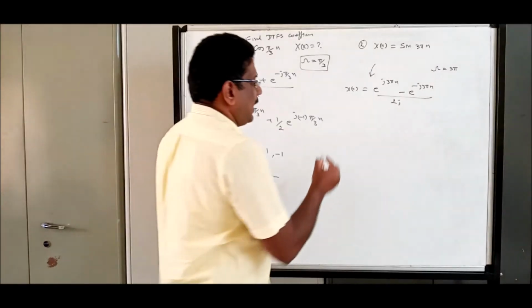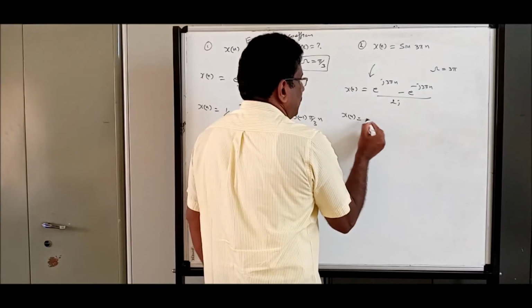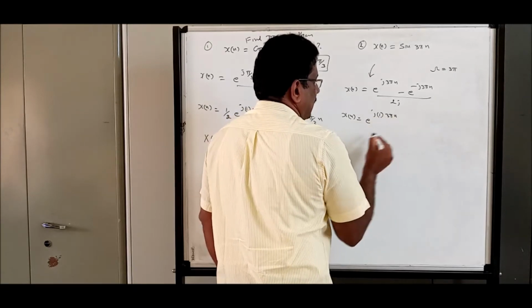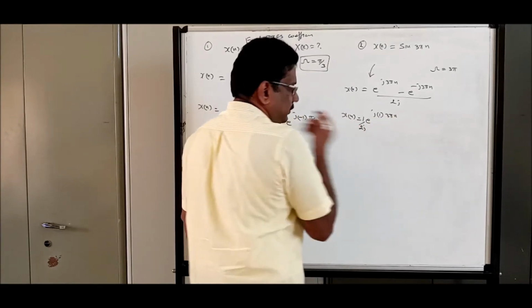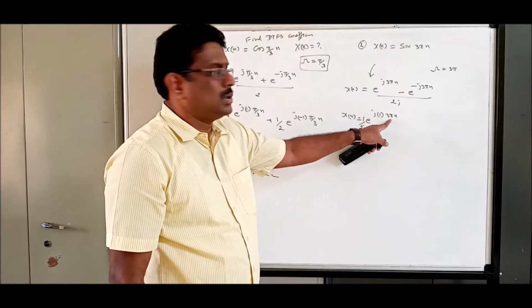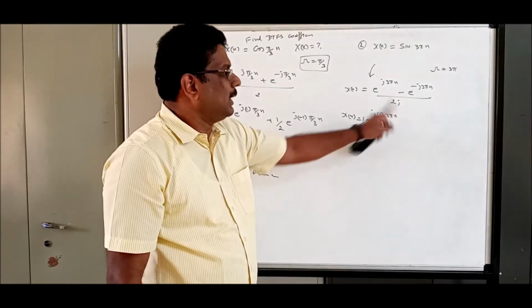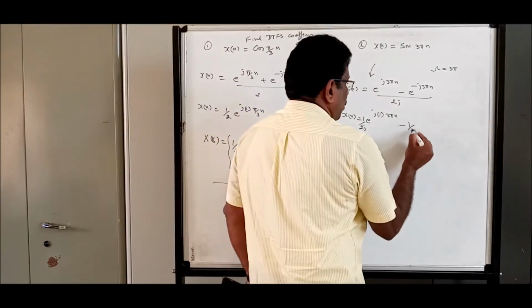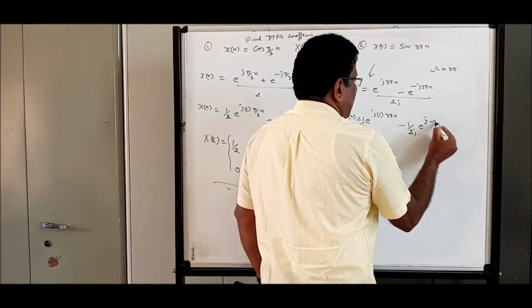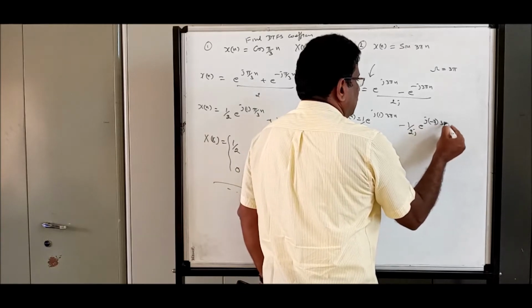Now let us modify as per the requirement: e power j 1 times 3 pi n times 1 by 2j. Now who is this one? k. Who is this 3 pi? Omega. Minus 1 by 2j e power j minus 1 times 3 pi n.